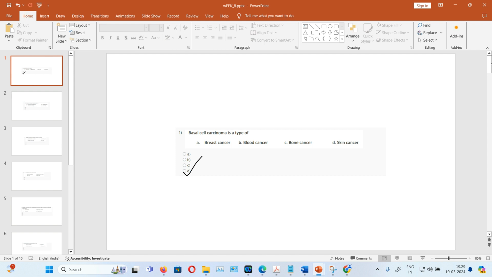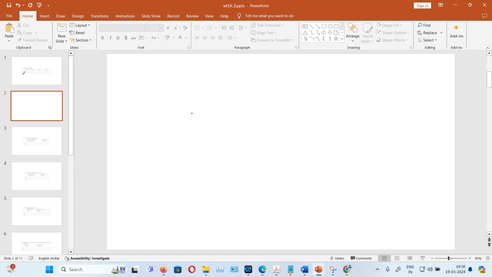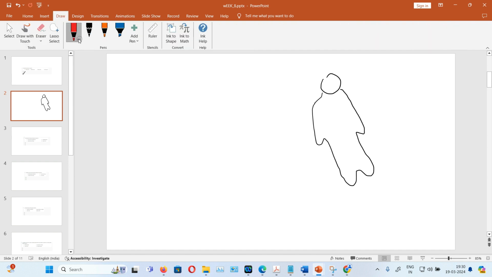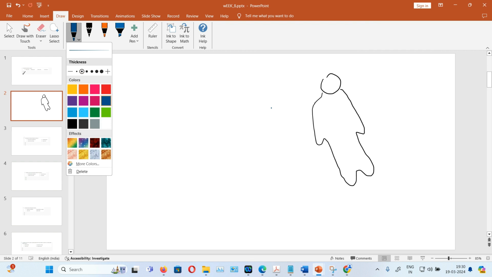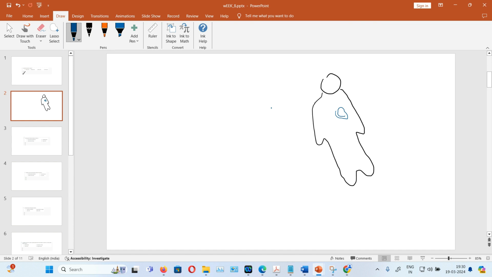So in the case of photodynamic therapy, what they are doing is, there will be some chemicals. Just say that you have a body, and this body has some malignant growth inside it.